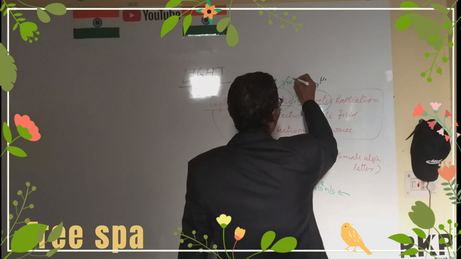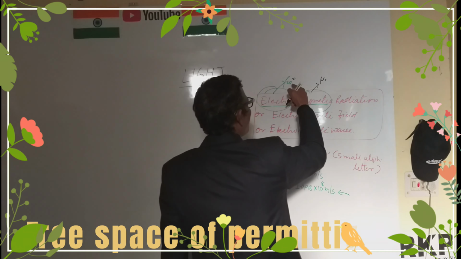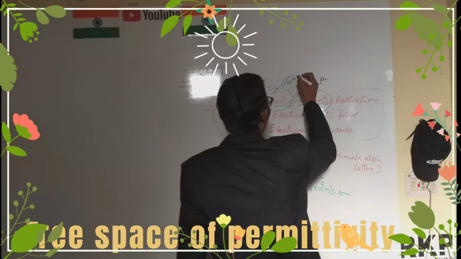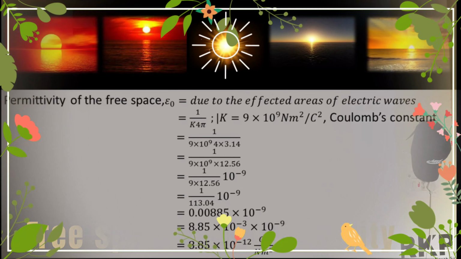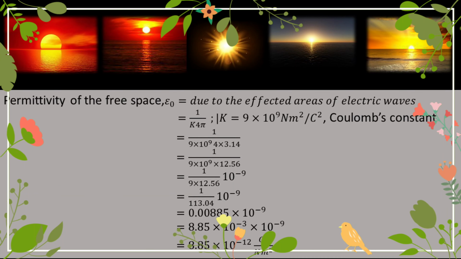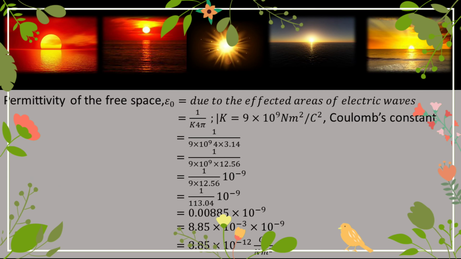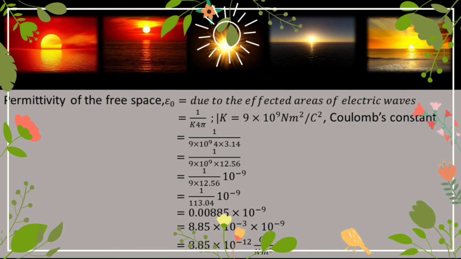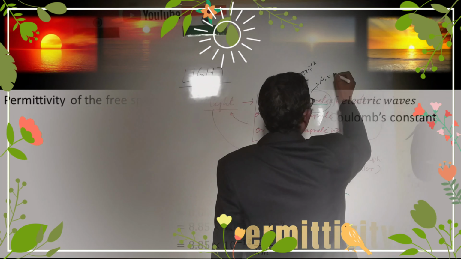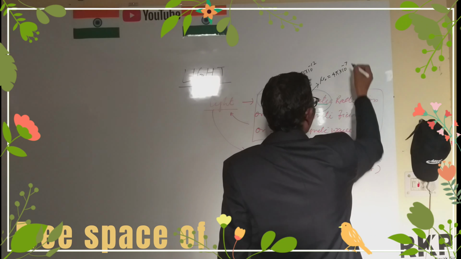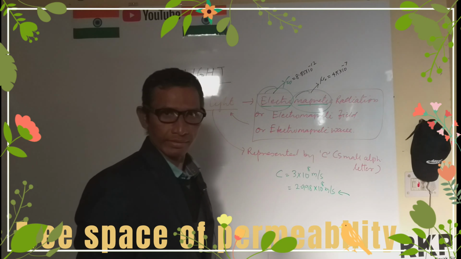The value is 8.85 into 10 to the power minus 12, and the other is 4 pi into 10 to the power minus 7 henry per meter.